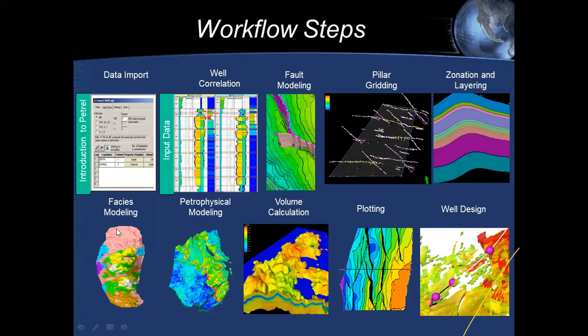Okay, then it starts with the property modeling. This at the top layer is the structural modeling, and the base layer here, baseline, shows the property modeling. You divide the facies, you do the facies modeling, petrophysical modeling. After you finish the identification of the porosity permeability distribution, then you do your saturation modeling, and then you can calculate your volumetrics.